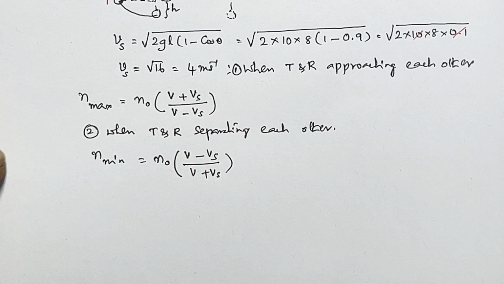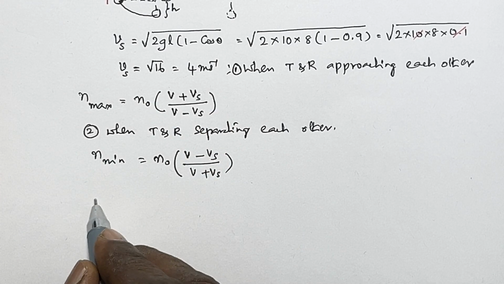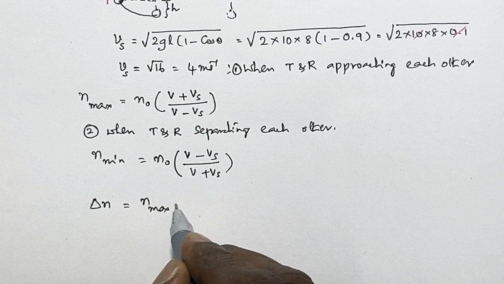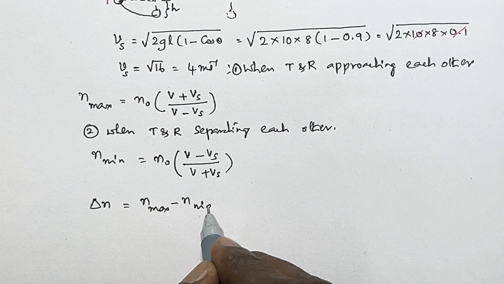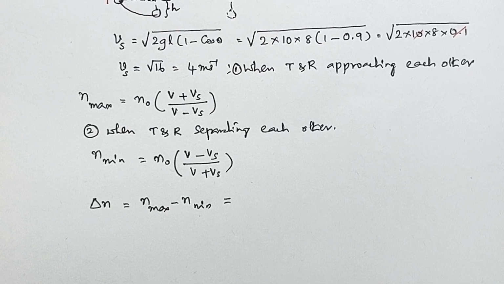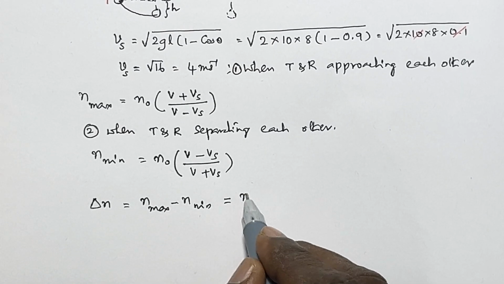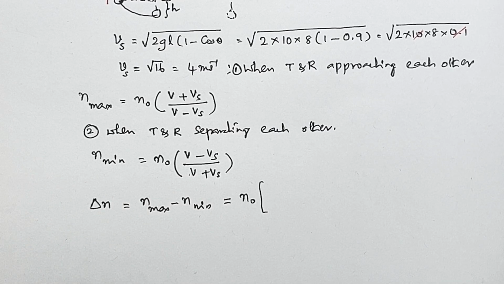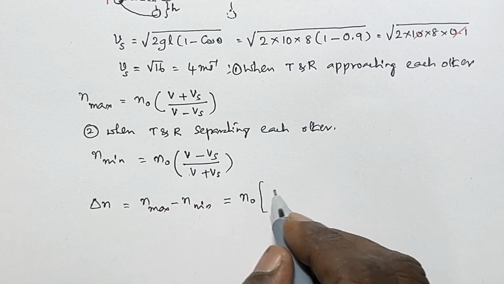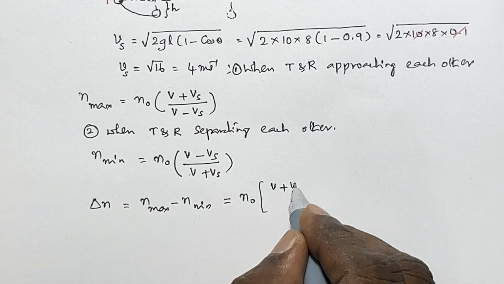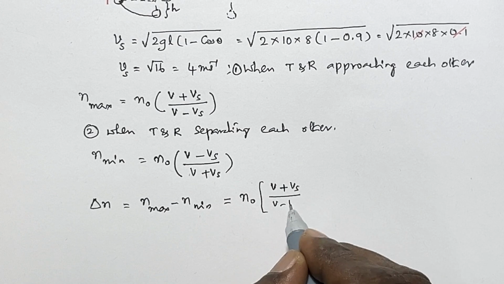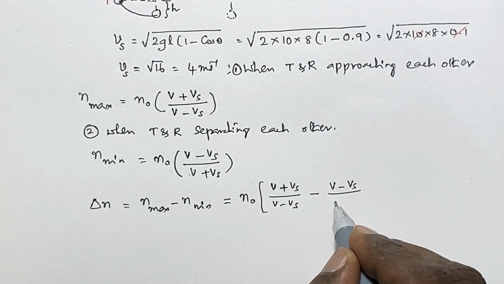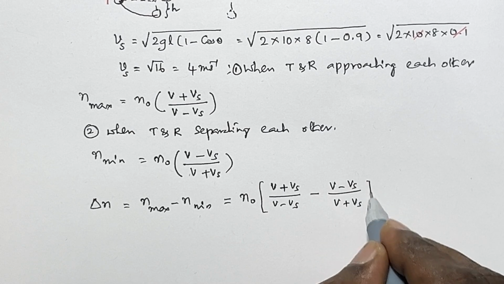What we have been asked in the problem is the difference in the frequency, so n max minus n minimum. Let us write the formula. n naught comes common between these two. So n naught into (V plus Vs) by (V minus Vs) minus (V minus Vs) by (V plus Vs).